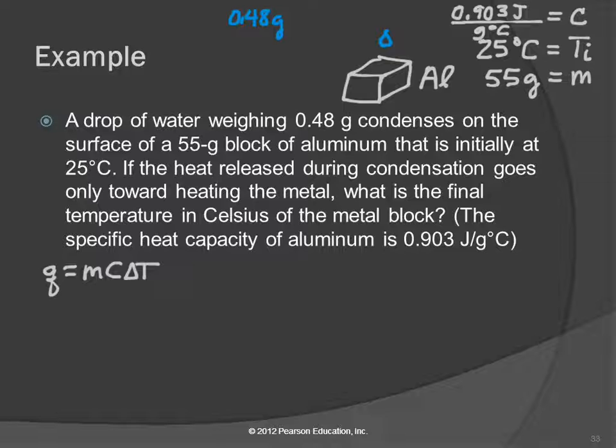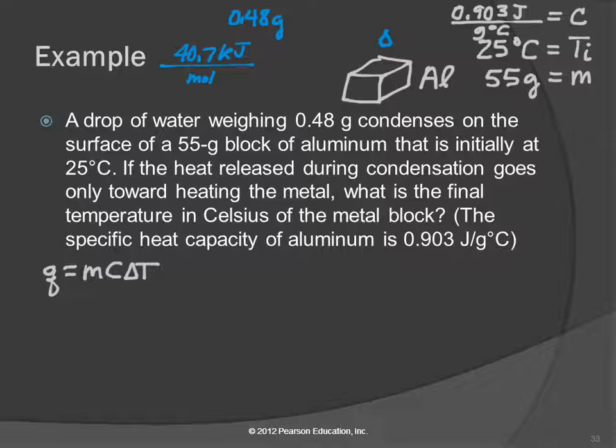It's not given in the problem, but how much energy is released when water condenses? We just used this number. I happen to remember it. 40.7 kilojoules per mole. With these two numbers, could we figure out how much energy is released? Yeah, we could. Well, let's do it.